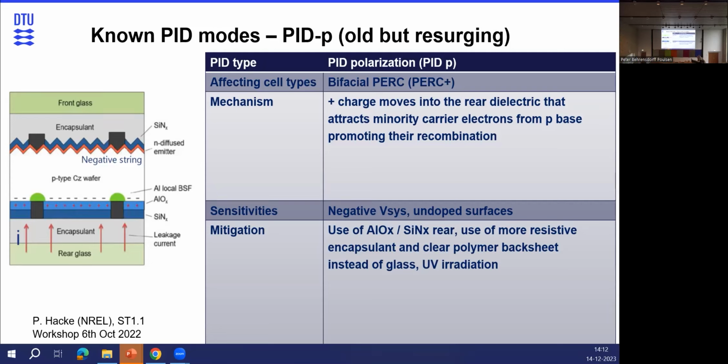These bifacial PERC cells were actually sensitive on the rear side, causing quite fast degradation of the rear side performance, whereas the front side was not so affected. So again, a new cycle of testing and improvement of the modules was made.